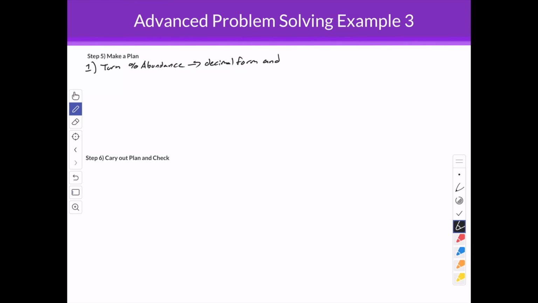And we need to multiply those each by their respective mass numbers.